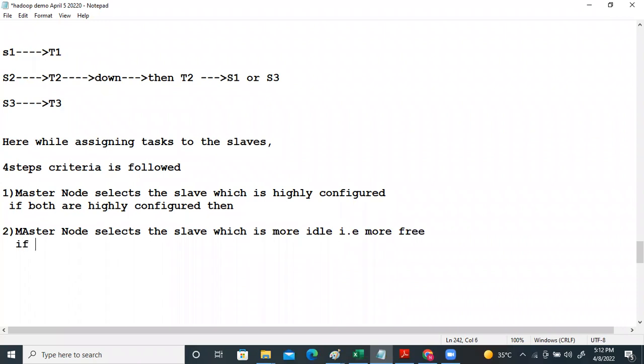Assume both the slaves are free. Then, random, maybe? No, not after 4 steps only, it will go to random.